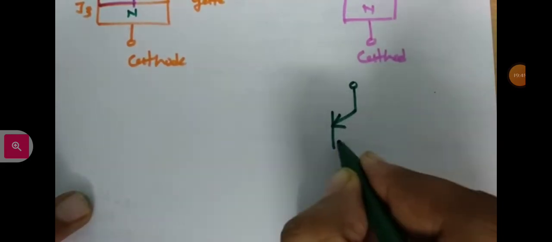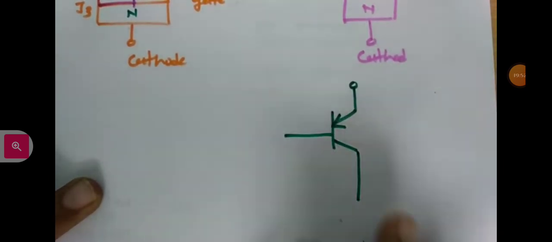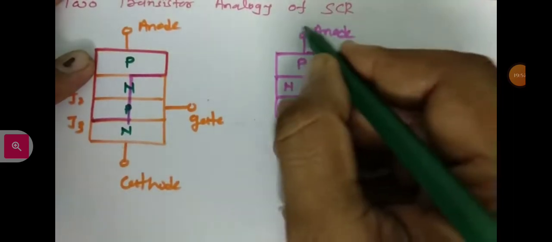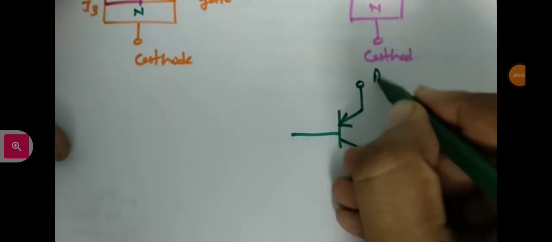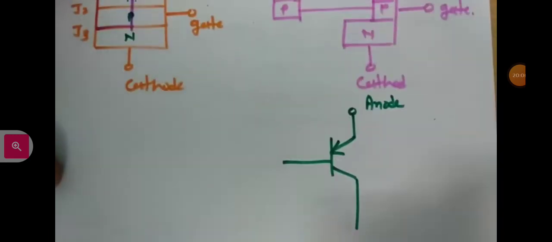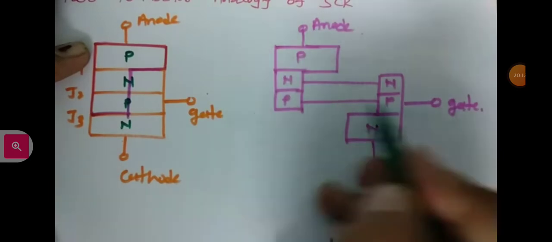For a PNP transistor, the arrow will be in the inward direction. This terminal is associated with the anode, so I am connecting the anode over here. This is the base and this is the collector.